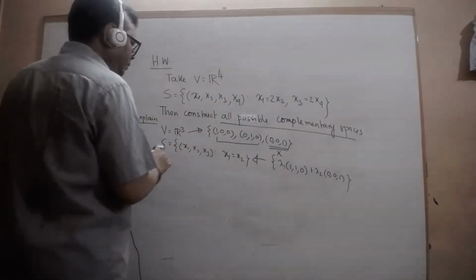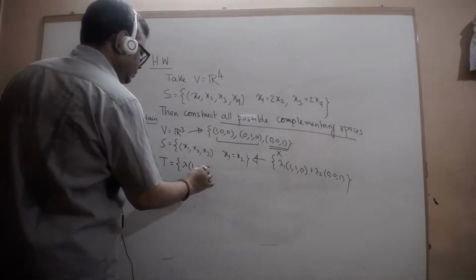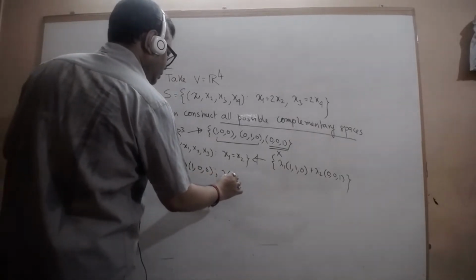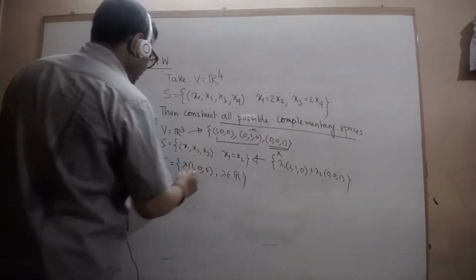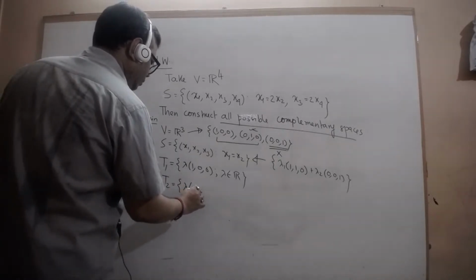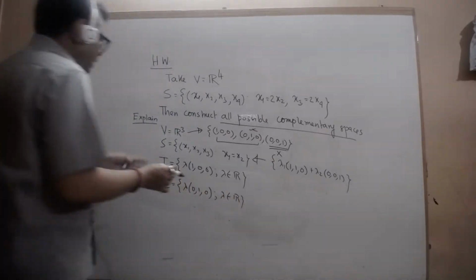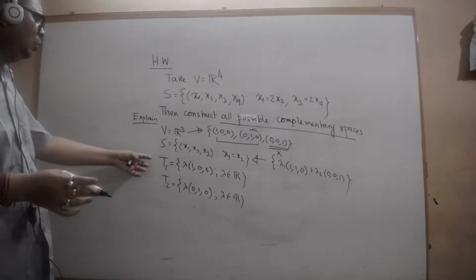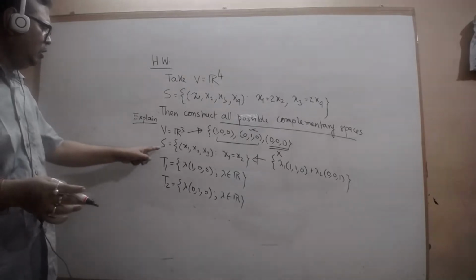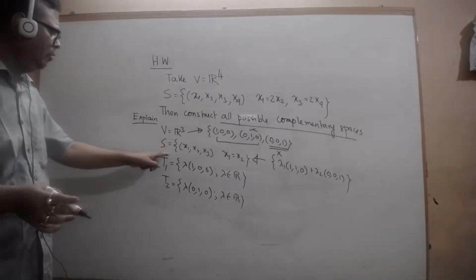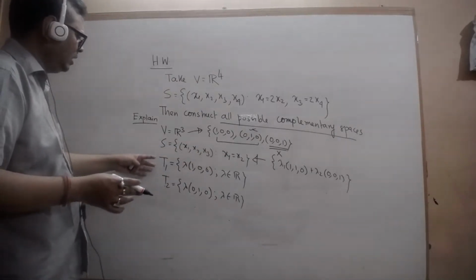If you take any one of these, then you get a T. If you take another, then you get another T. So here you can construct two possible complementary subspaces T1, T2, where S is given.